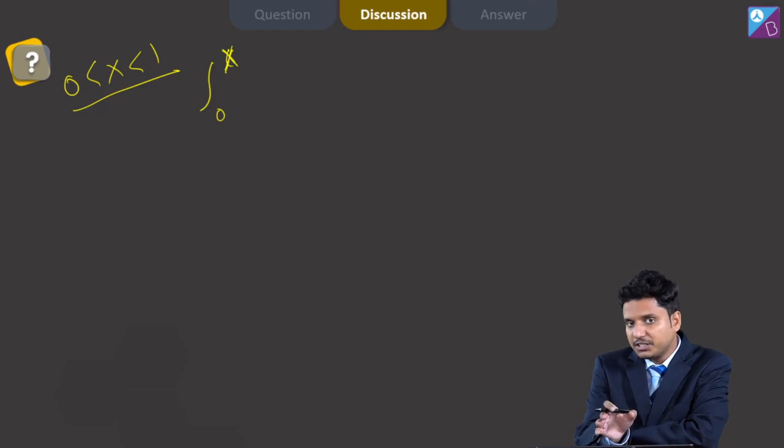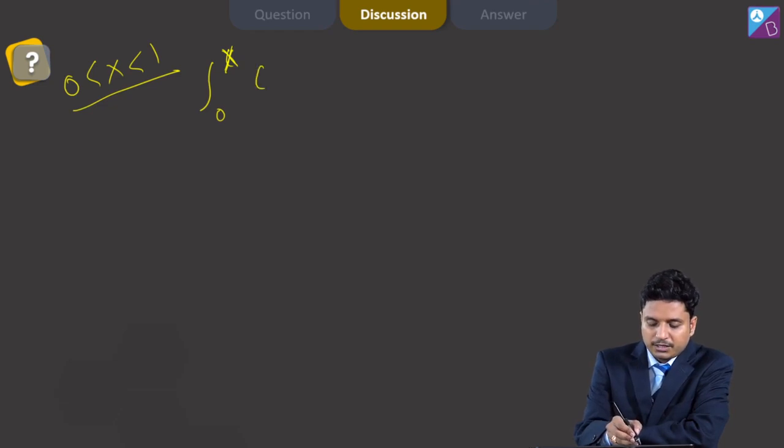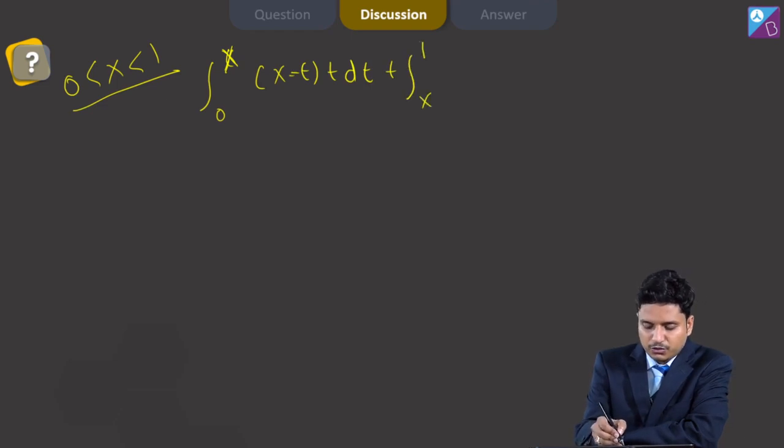From x we are actually subtracting a quantity which is in between 0 to x, then x minus t will be a positive quantity. So in this case x minus t dt, plus from x to 1, what we have to put? T minus x will be positive, into t will be there, so t minus x into t dt.